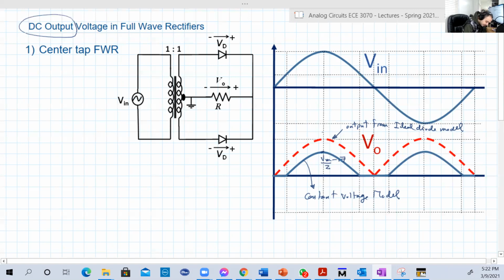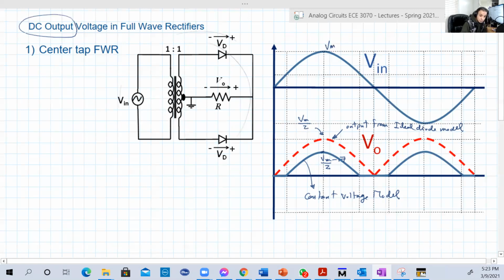And this is Vmax here. This is now Vmax over 2. This is because of the use of the ideal model. So if you analyze this circuit, this center tap transformer full-wave rectifier, using the ideal diode model, you will get this red output here.